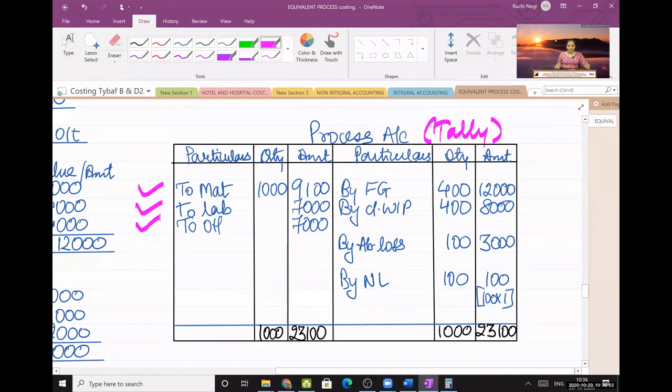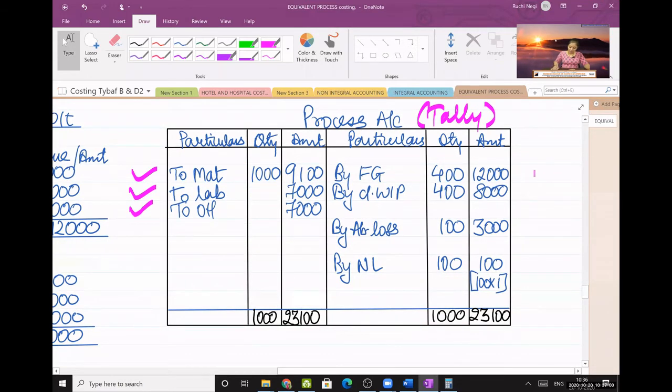On the debit side, all my expenses related to the process. Then credit, that is my finished goods, my output, and closing WIP, which I just calculated. All this 1, 2, 3 you will get from step 3. We just calculated 12,000, 8,000, 3,000.